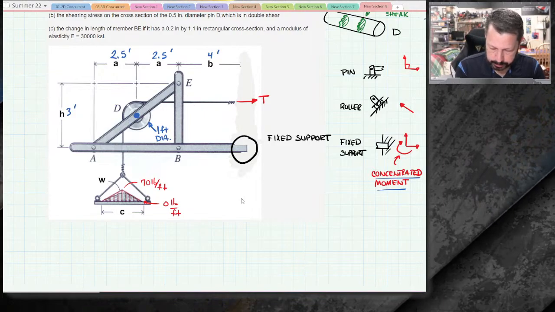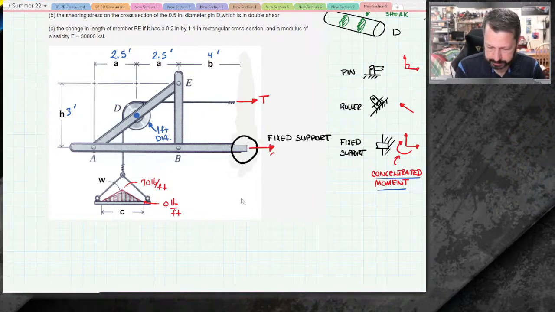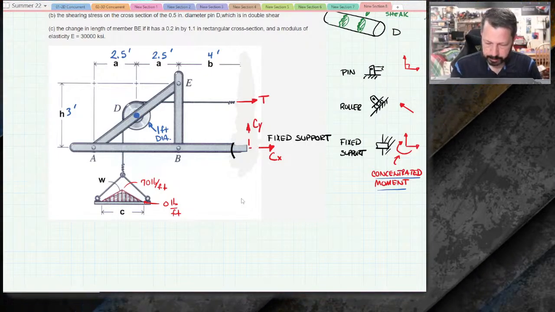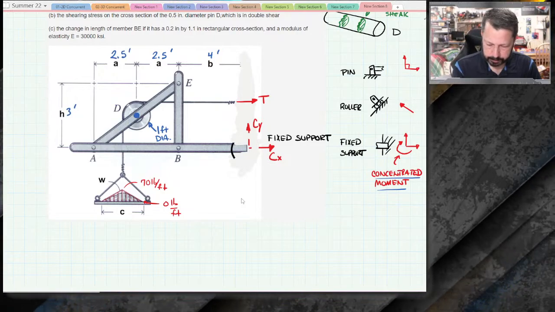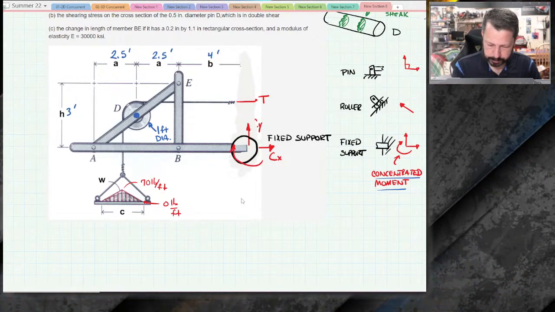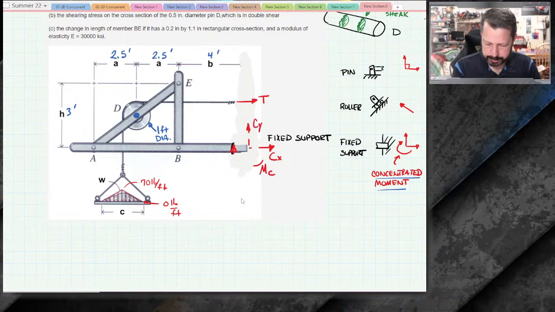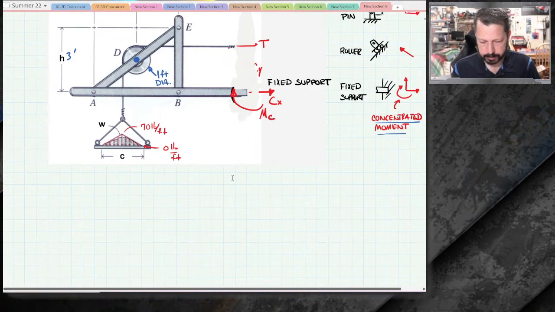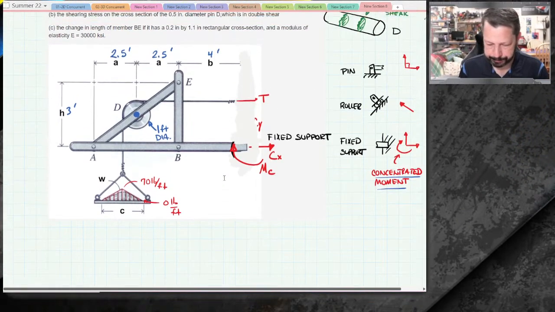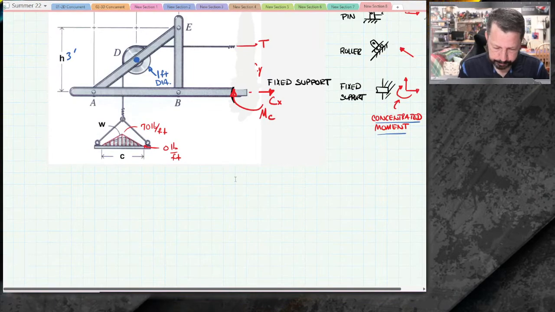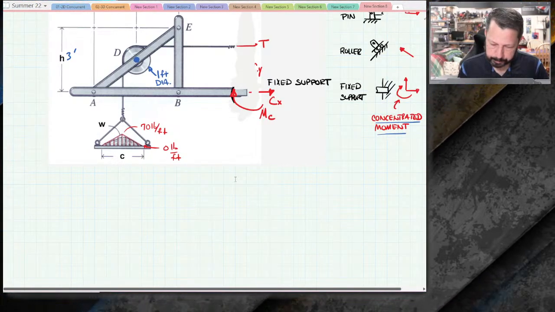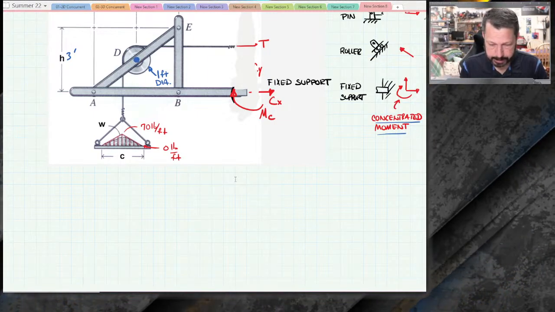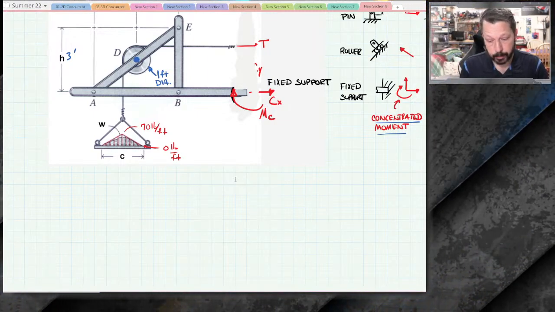Our fixed support, this was C, is going to have a CX, a CY, and we may have to figure out what to do with that, a moment at C. So we need to solve for CX, CY, the moment at C, and T. Those are external reactions. So there are actually 4 of them.